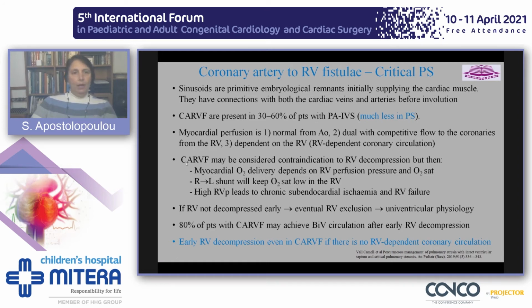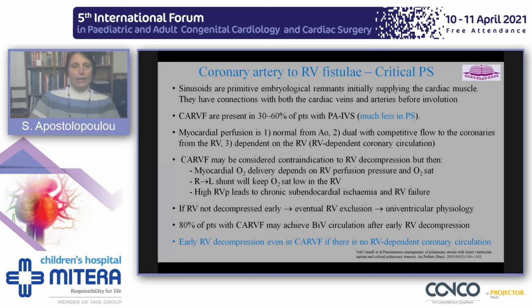Now, fistula can be considered a contraindication to RV decompression, but if we don't decompress the RV, the myocardial oxygen delivery depends on the RV perfusion and the oxygen saturation of the RV. The right to left shunt will keep oxygen saturation low, and high pressure in the right ventricle will lead to chronic subendocardial ischemia and RV failure.